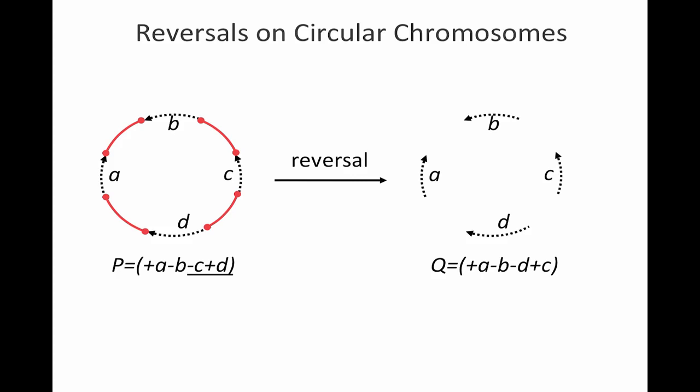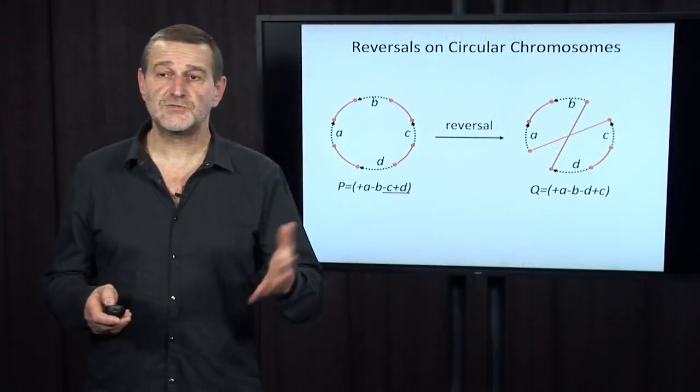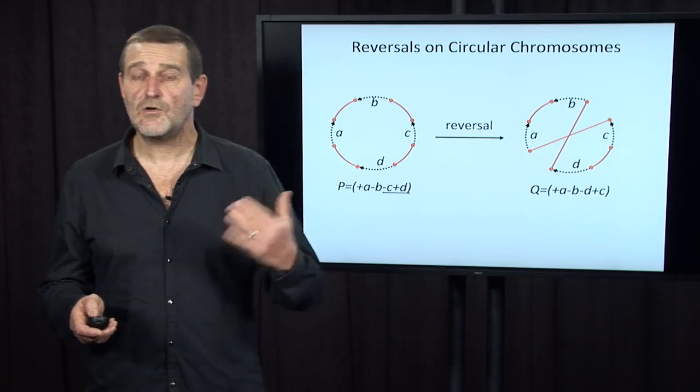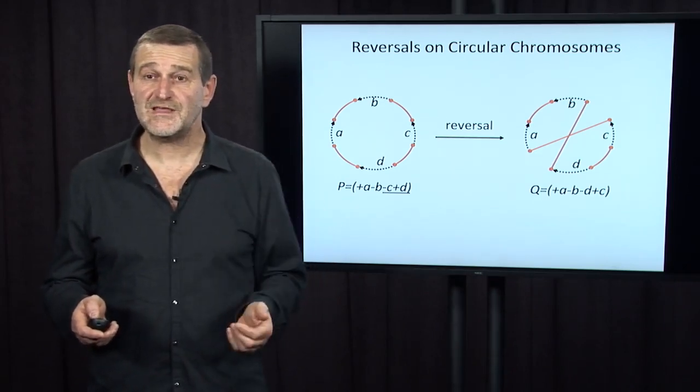Well, after plus A, we should go to minus B. After minus B, we should go to minus D. After minus D, we should go to plus C. And finally, from plus C, we should go to plus A. So therefore, transformation of genome P into genome Q corresponds also to transformation of the graph shown here.